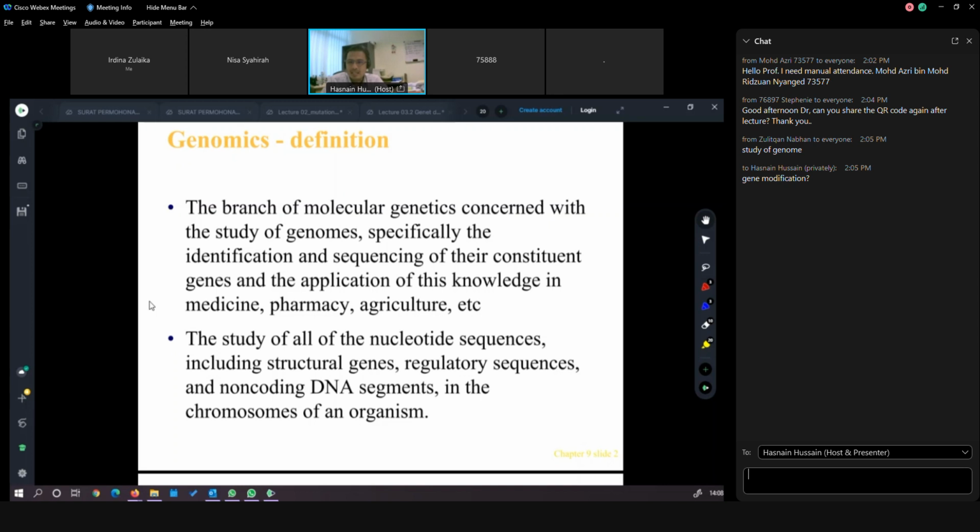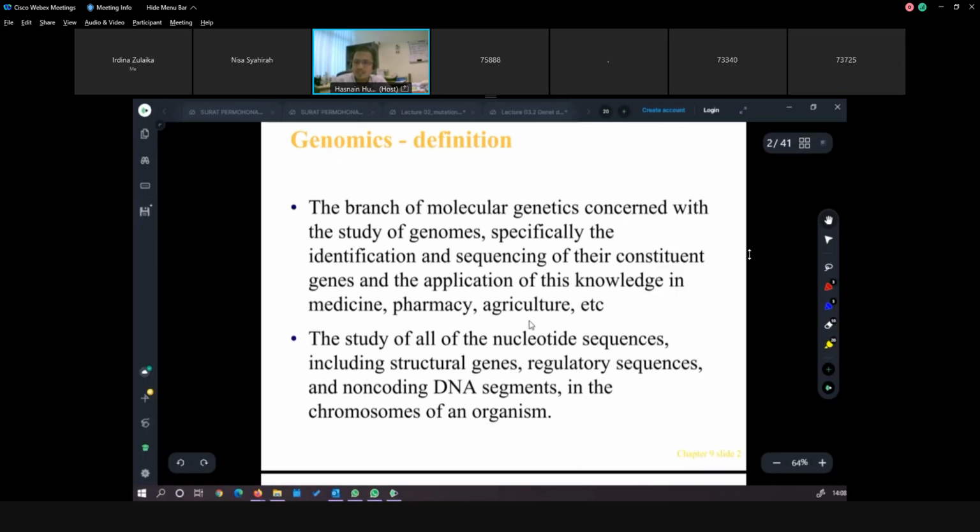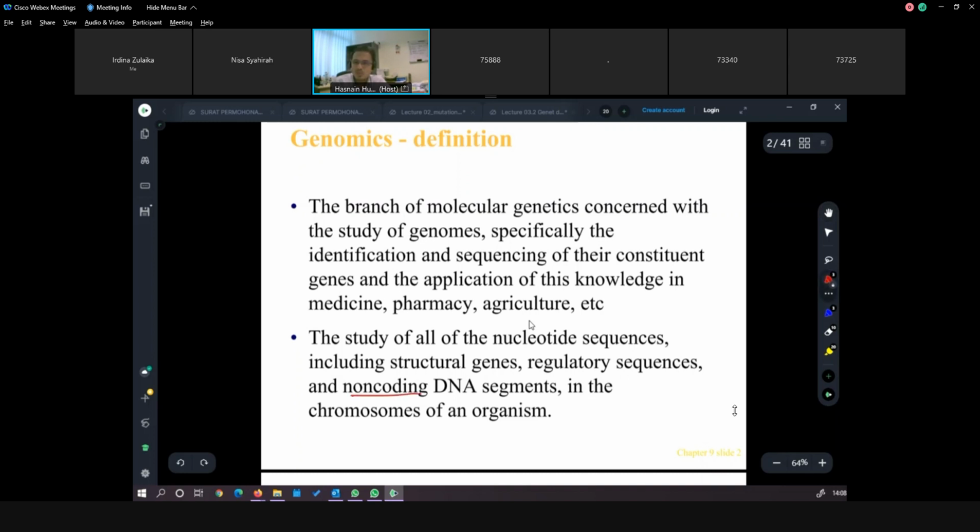And in addition to that, studies have shown that in our DNA, especially in eukaryotic organisms, not all nucleotide sequence is a coding sequence, which means that there are areas that you can describe as non-coding DNA sequence or segments in the chromosome.